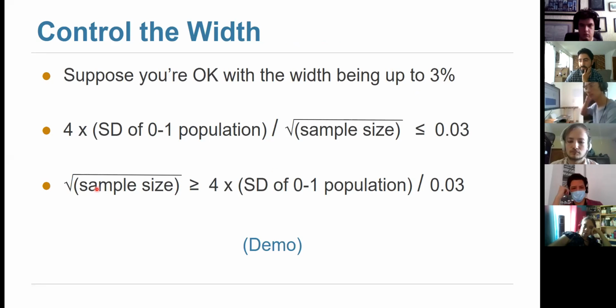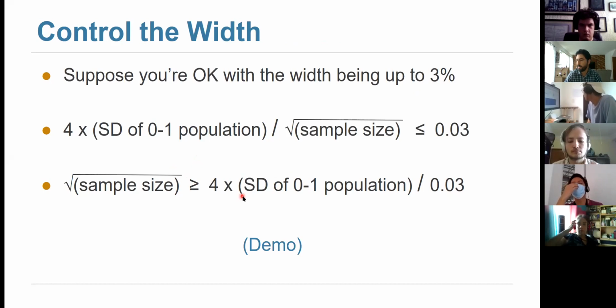So basically, the square root of my sample size should be bigger than 4 times the standard deviation divided by 0.03. Are there any questions here? Any confusion? So this is basically the thing that I want to calculate.